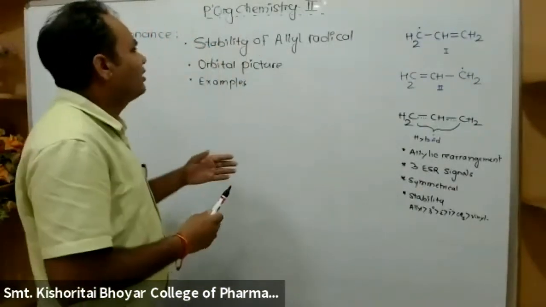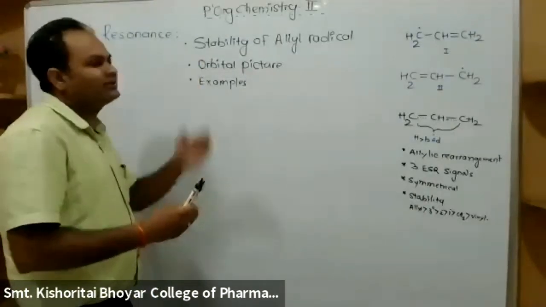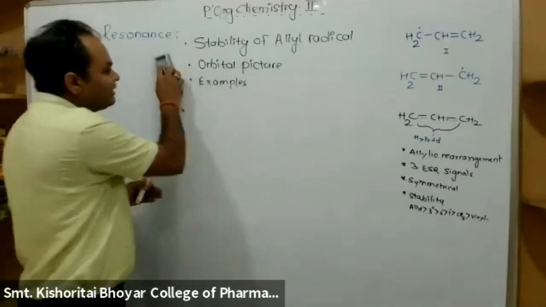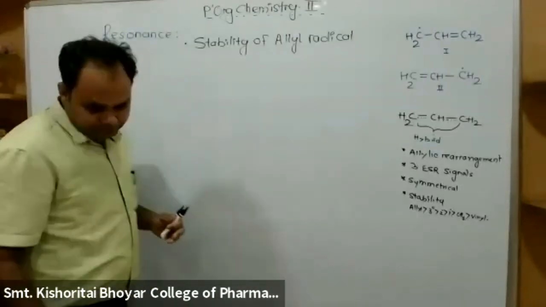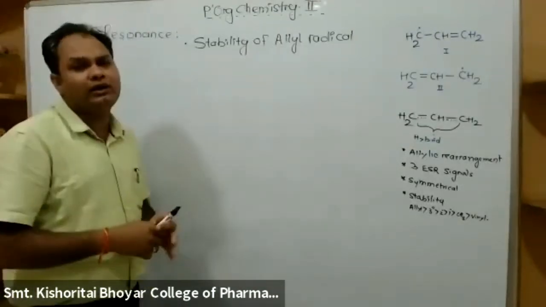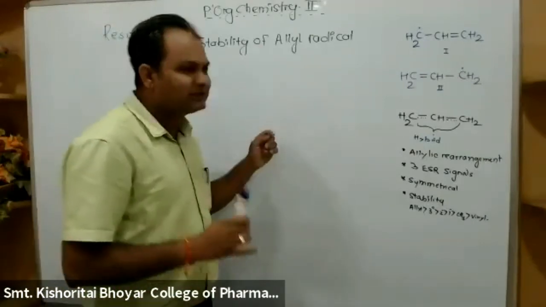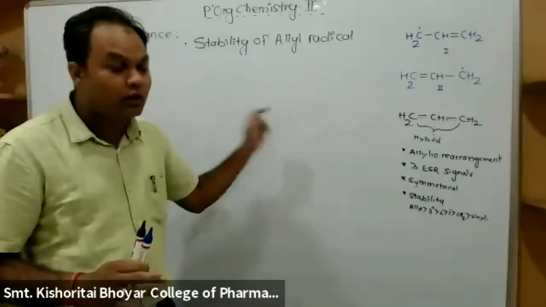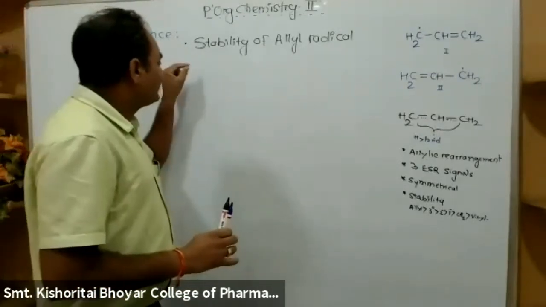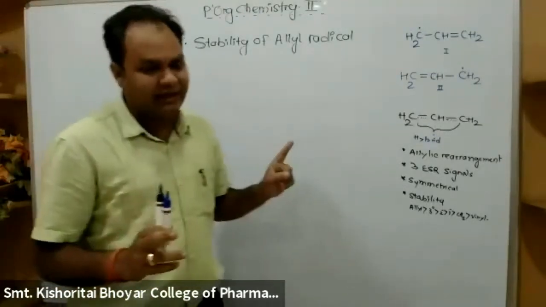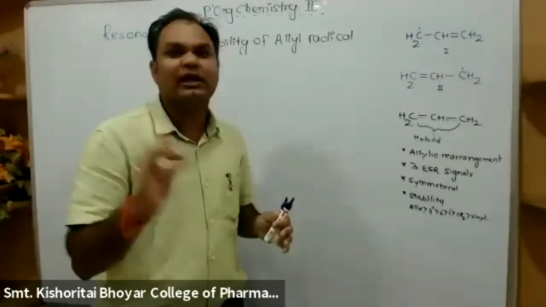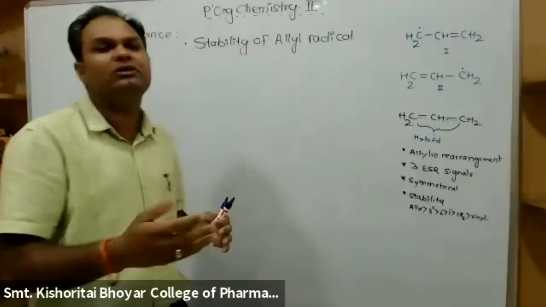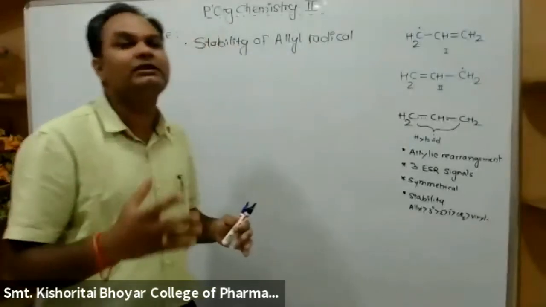Still, we want to know the stability of the allyl radical, followed by the orbital picture and examples. The most important outcome of the resonance theory is that the resonance hybrid of the allyl radical is the most stable one. Most stable means it requires less energy.